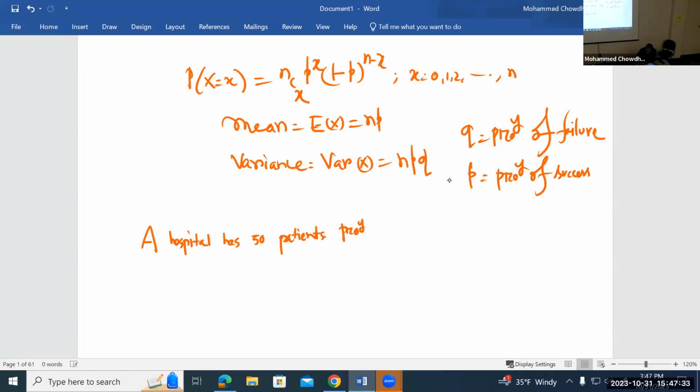Probability of a COVID patient is 0.45. Understand? A hospital has 50 patients. Probability of a COVID patient is 0.45.